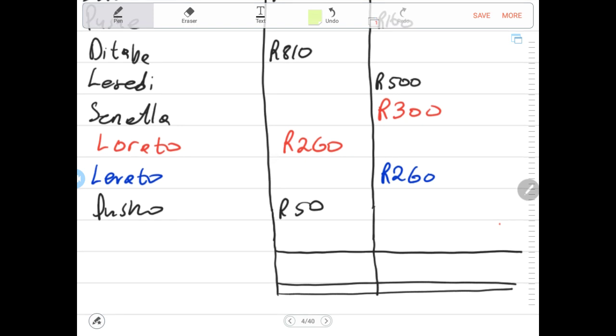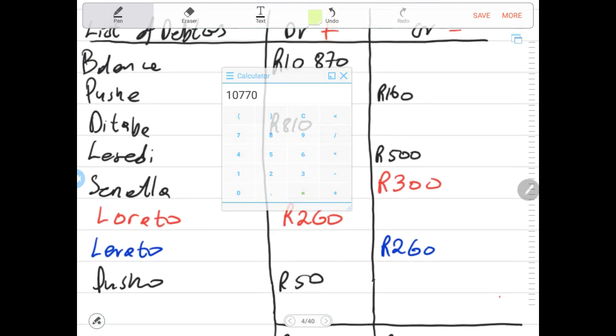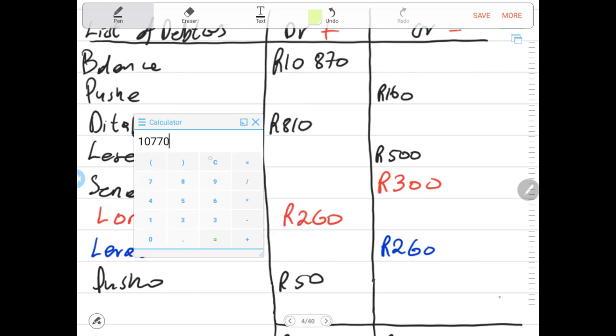Then we do our list of debtors. We calculate the total of the bigger side. The bigger side is going to be the debit side, so we don't have to be wasting our time. We just calculate the total of the debit side: 10,870 plus 810 Rand plus 260 plus 50 Rand.